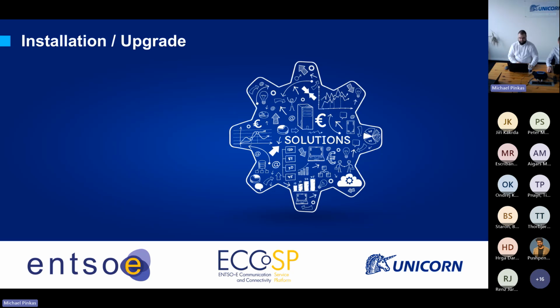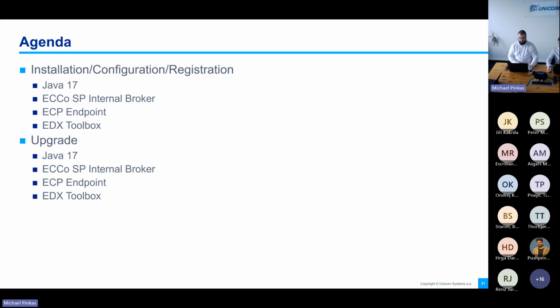So starting with the installation, first some agenda. We will start with installation, configuration, and registration of the ECCo-SP client. This will include the Java 17 installation and configuration for the internal broker, endpoint and toolbox, and after that we will do an upgrade of the client from version ECP 4.12 and EDX 1.14 to version 4.15 and 1.15.